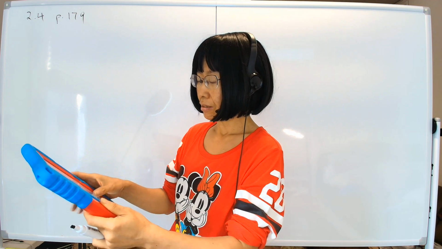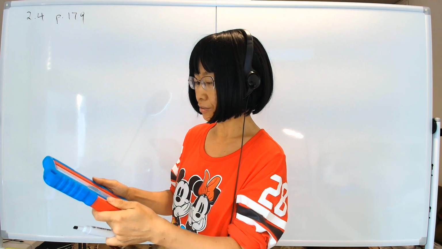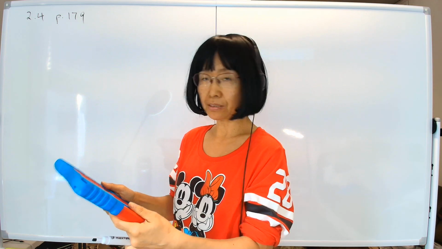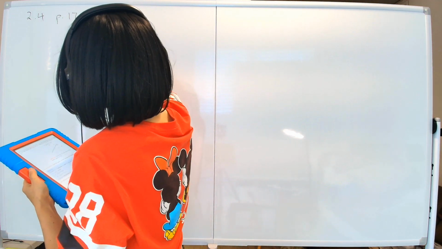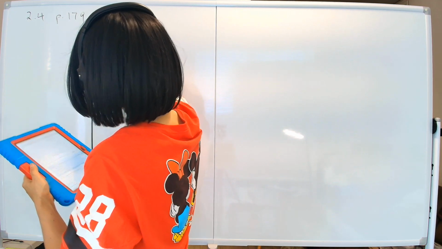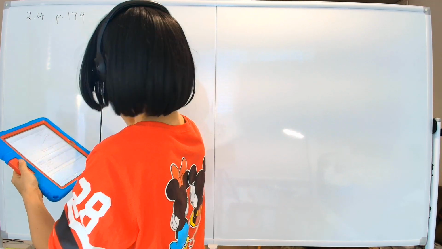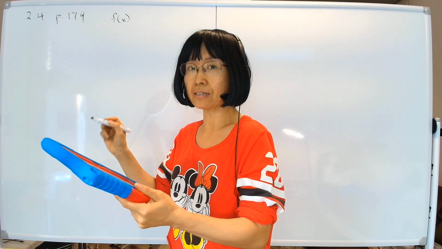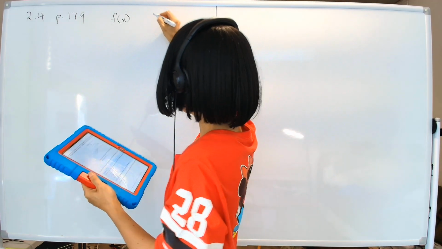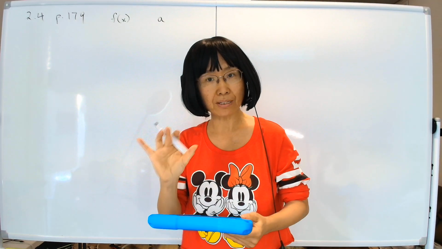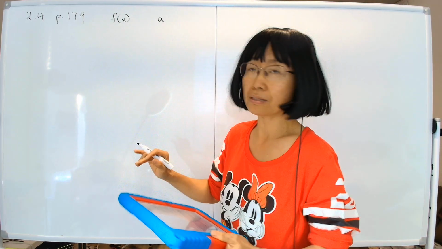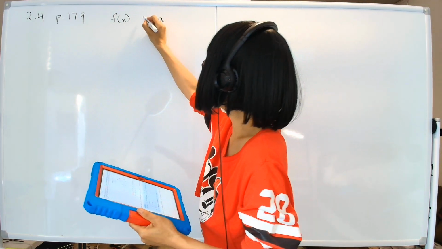Okay, there are three conditions for continuity at a certain point. Say you have a function f of x. The function f of x is continuous at a certain point a. We are only looking at one point at a time, x equal to a.